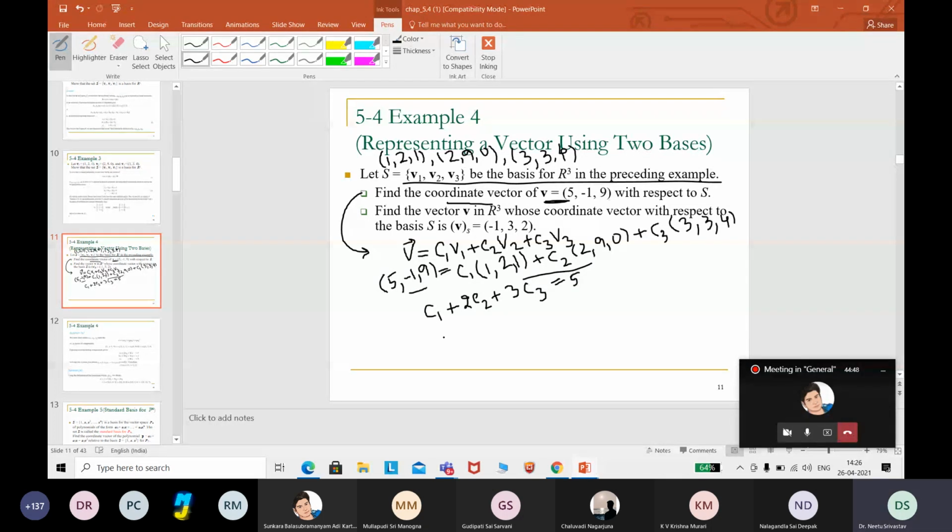Second is 2C1 plus 9C2 plus 3C3 equal to minus 1. Similarly, the last equation you write. It is C1 plus 0C2 plus 4C3 equal to 9.